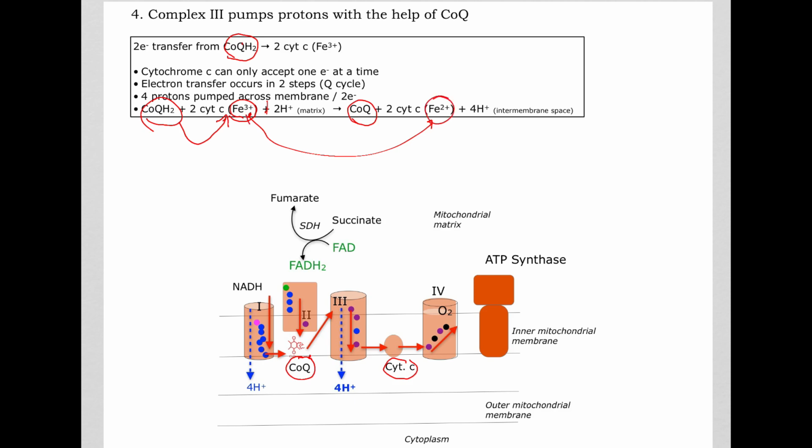So cytochrome C is going to be reduced, coenzyme Q is going to be oxidized.